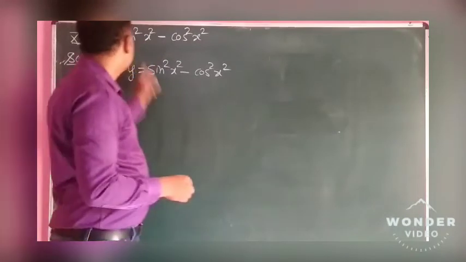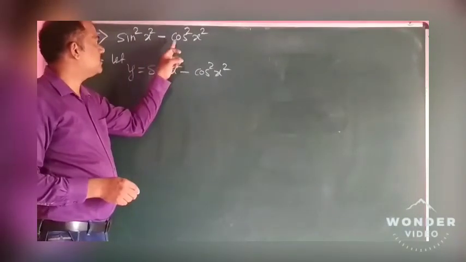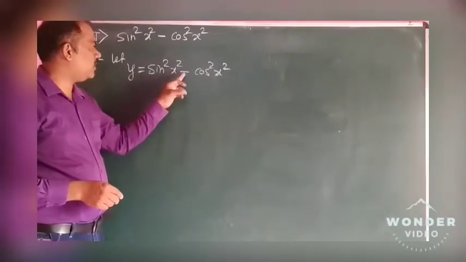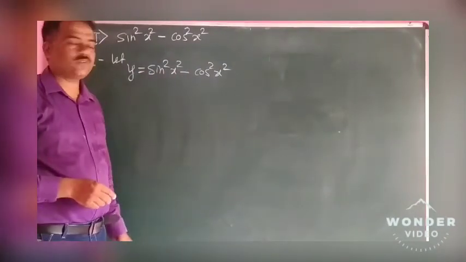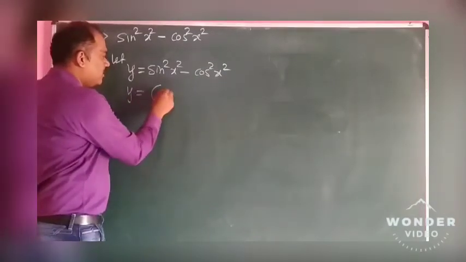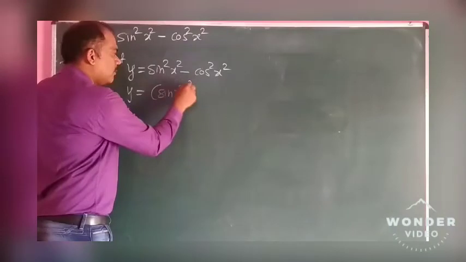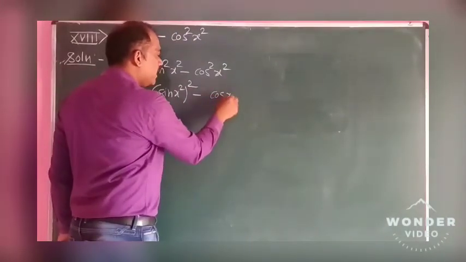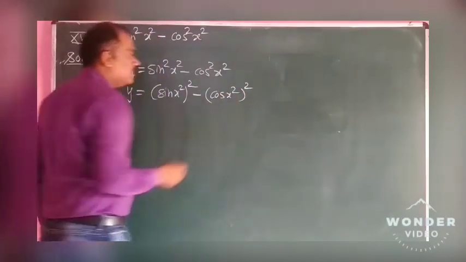It is sin square x square minus cos square x square. Let y is equal to sin square x square minus cos square x square. We can rewrite it as y is equal to sin of x square, bracket square, minus cos of x square, bracket square.